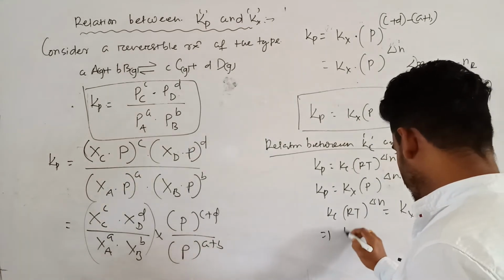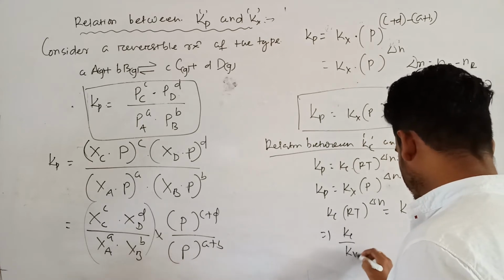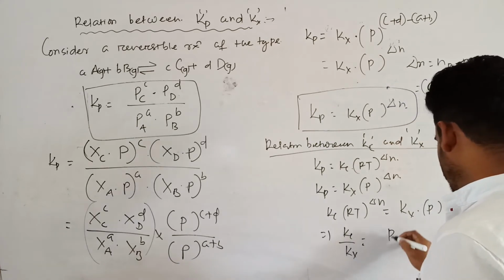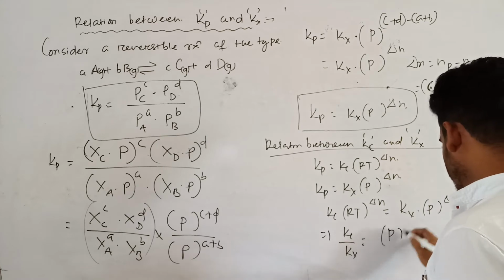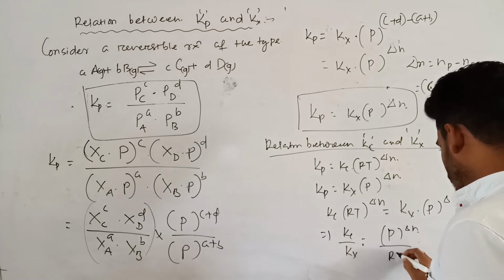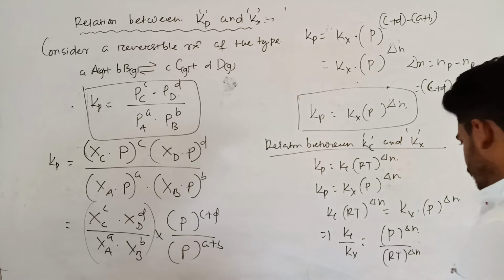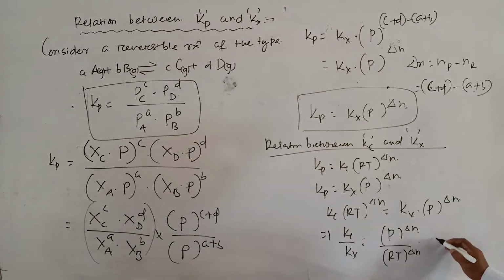Now Kc upon Kx is equal to P to the power del n upon RT to the power del n. So that can be written as P by RT to the power del n.